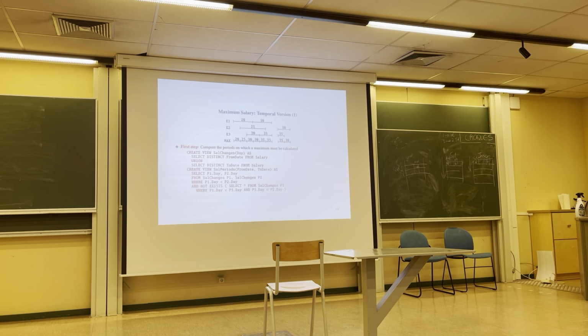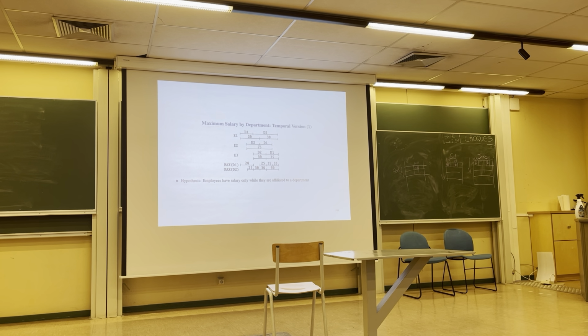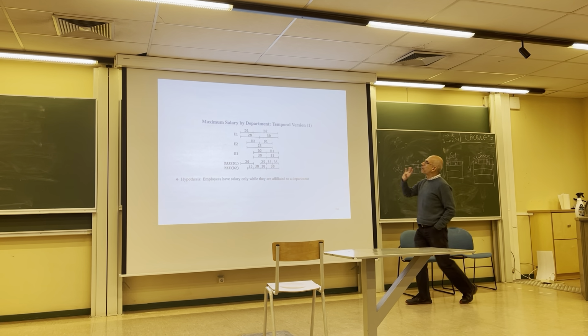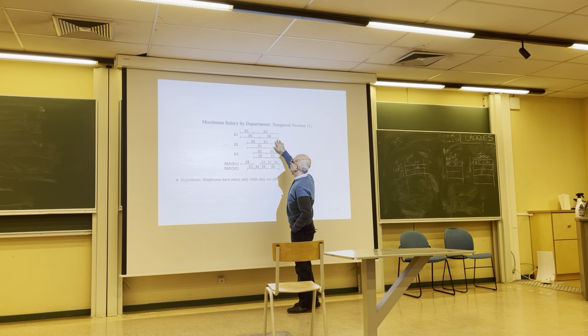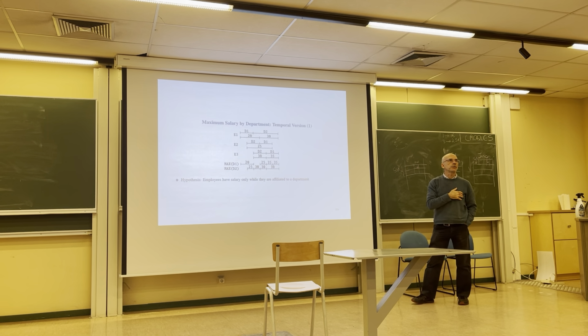So now let's see the other case. Maximum salary per department, by department. Again, all the reflections should be here. What differs here is I need to have a timeline split by department.